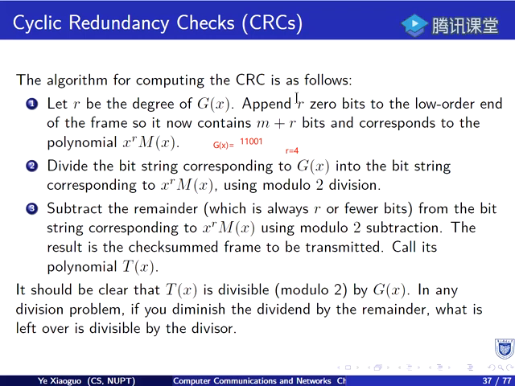So it now contains m plus r bits and corresponds to the polynomial x^r M(x). Here M(x) is the message bit stream. Step 2, divide the bit stream corresponding to G(x) into the bit stream corresponding to x^r M(x) using modulo 2 division.